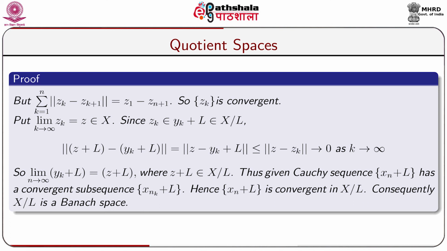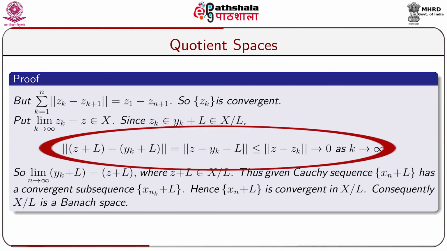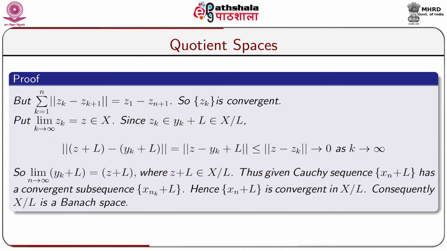Since zk belongs to yk + L and yk belongs to capital X, yk + L belongs to X/L. Now, the norm of (z + L) − (yk + L) is equal to the norm of (z − yk) + L. Here L − L is again equal to L, because L is a subspace.